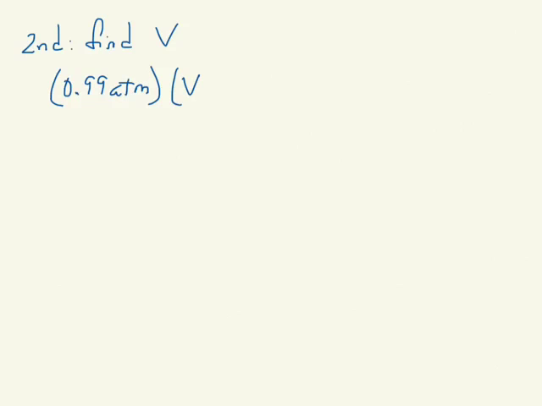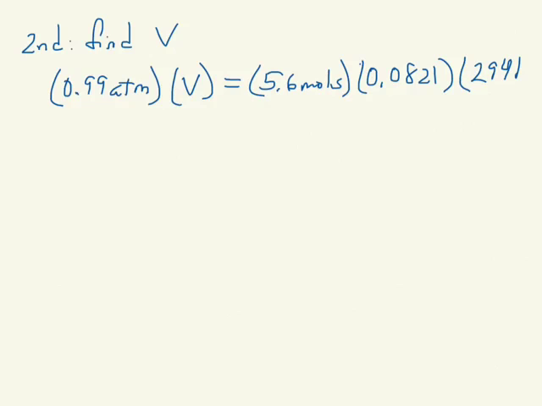Our volume is our unknown. And our moles is 5.6. Gas constant 0.0821. And our temperature in Kelvin comes out to be 294. So we solve for our volume. And I got something close to 140 liters of O2.